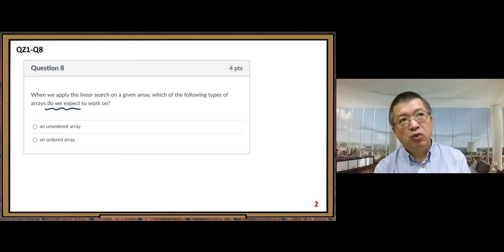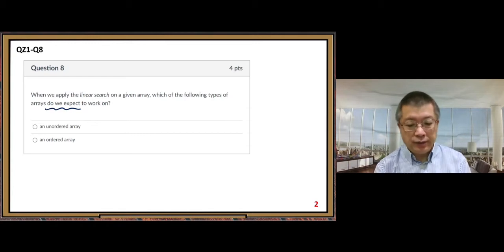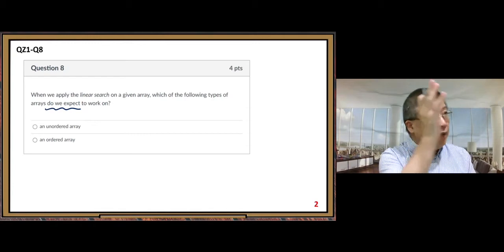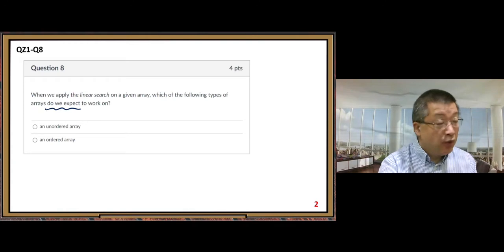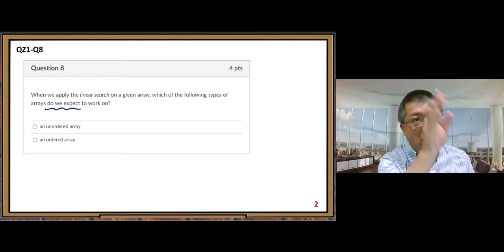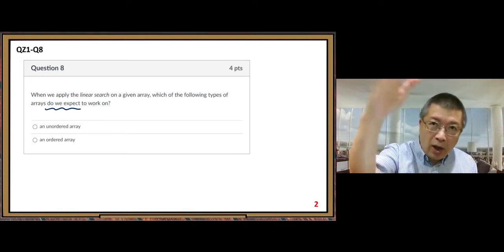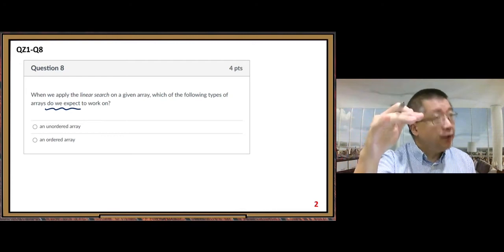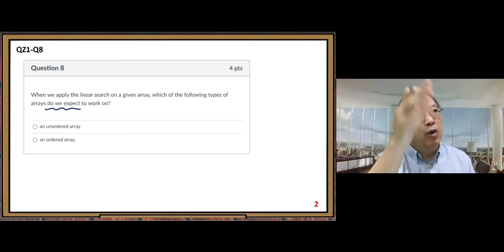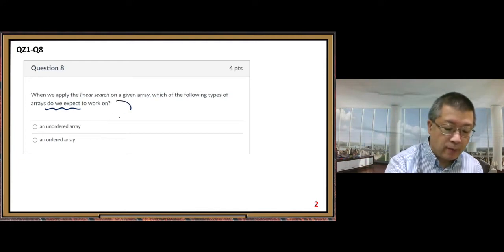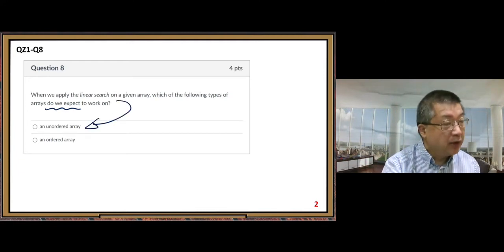Special wording matters. Although the linear search, we can use it on both unordered array and ordered array, right? But our expectation is unordered array.